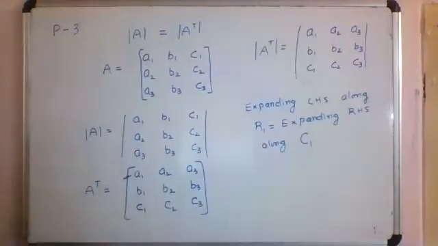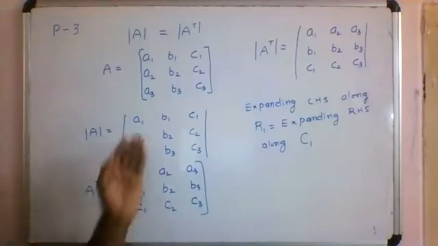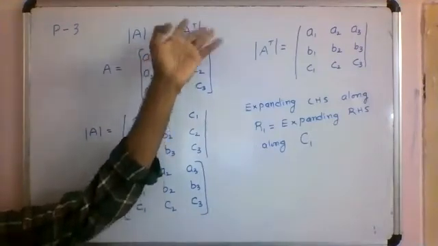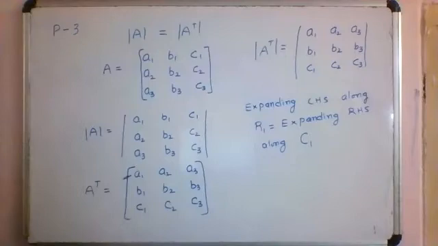Both are the same. We are going to get the same result. So in that way we can prove that the determinant of A is equal to the determinant of A transpose. Note down.